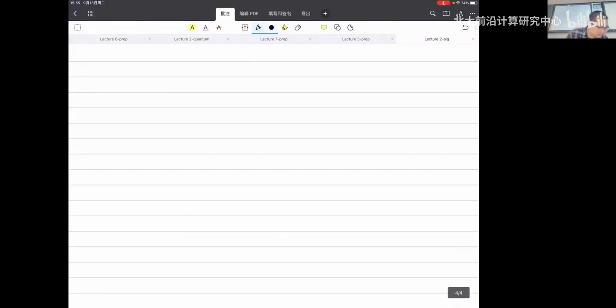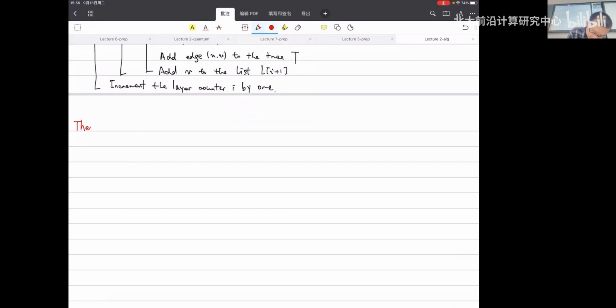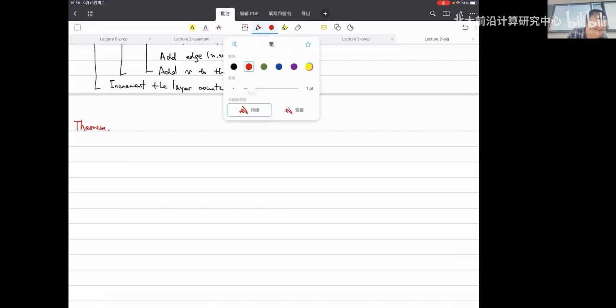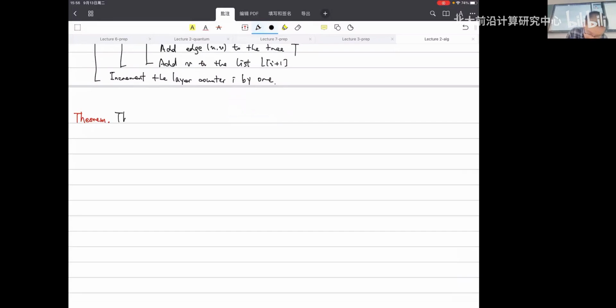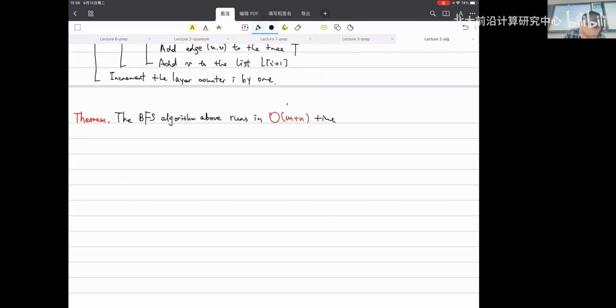Okay. So let's prove something, and let's give more analysis about the BFS algorithm here. A theorem that we can show is that the BFS algorithm runs in O(M plus N) time. Let's recall that we typically use M to represent the number of edges, and N the number of nodes, also called vertices.